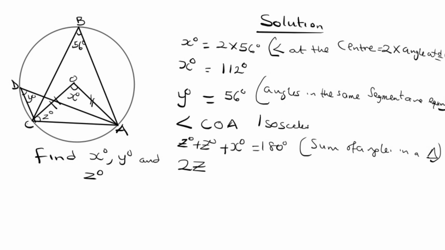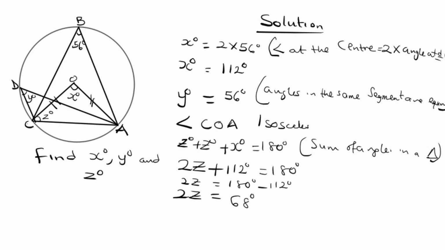And x, the value of x, has been calculated to be 112 degrees. So 2z is equal to 180 degrees minus 112 degrees, which will give us 68 degrees.